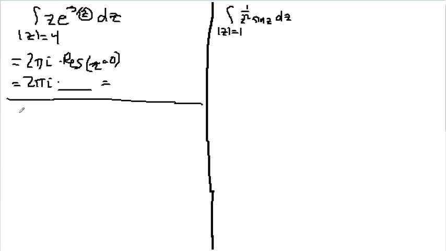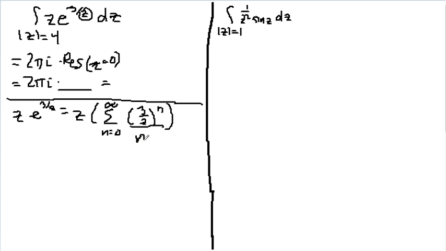So let's do that. I can do that by saying z e to the 3 over z is equal to z times, well, I know what this series is going to be. The series is going to be the sum from n equals 0 to infinity of (3 over z) to the n over n factorial, because that's what e to the z does. You just take the input, raise it to the nth power.